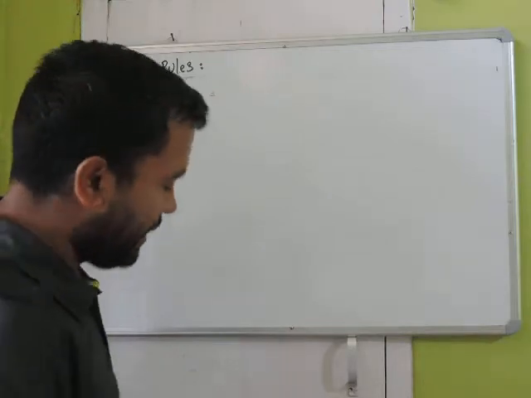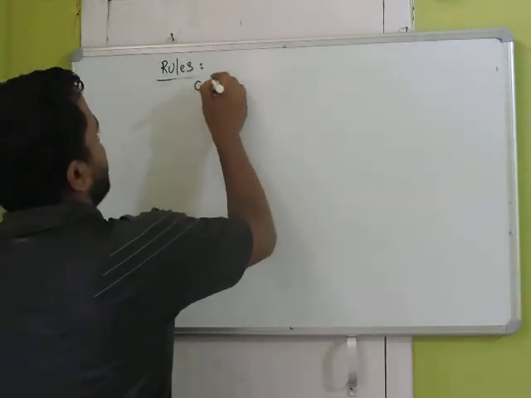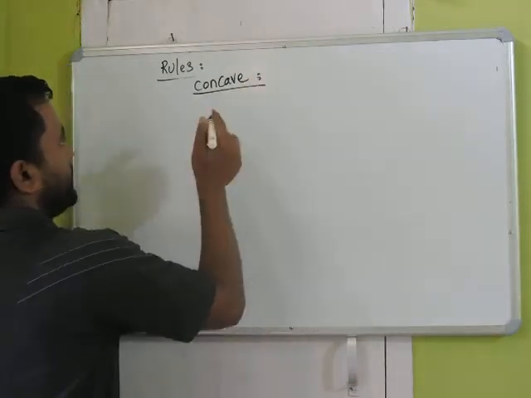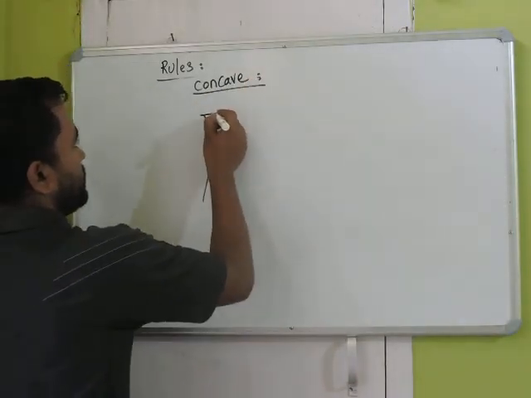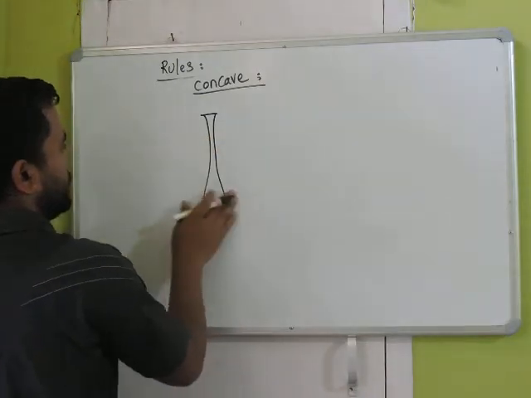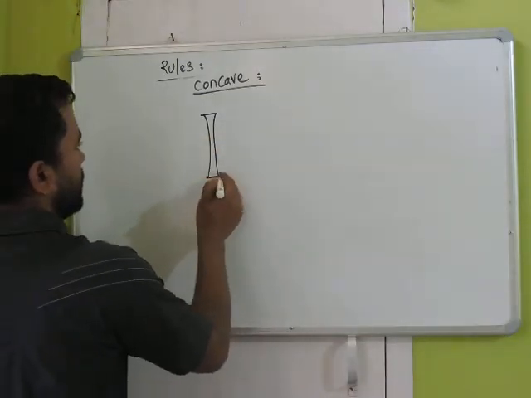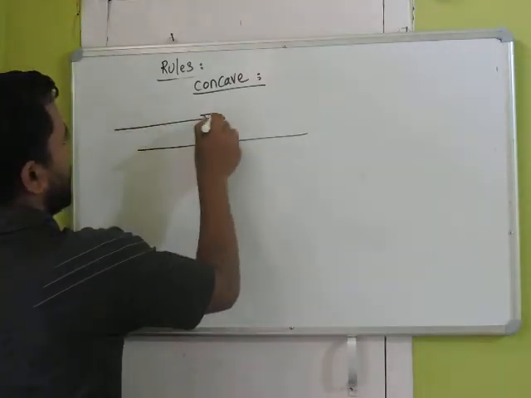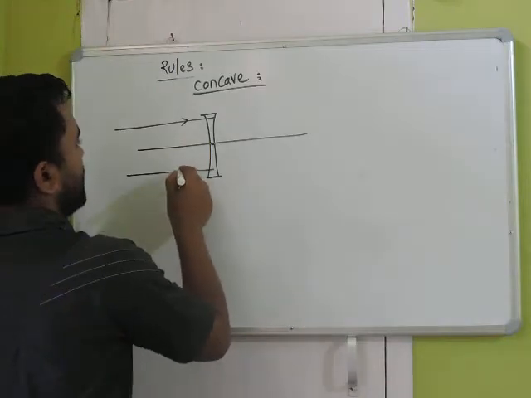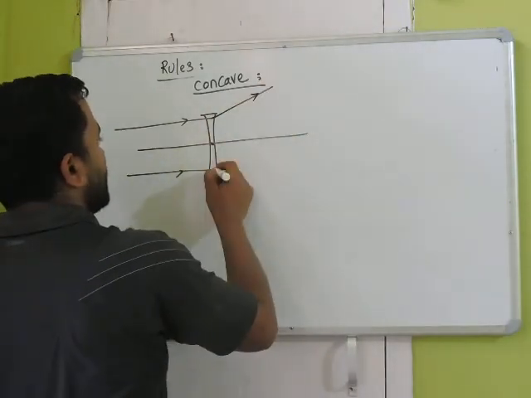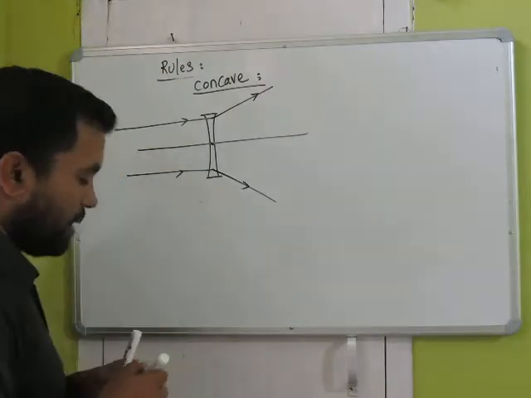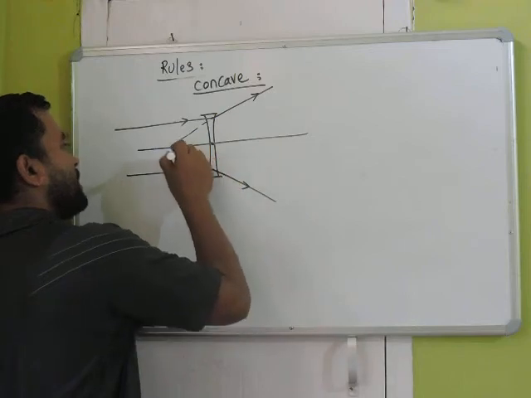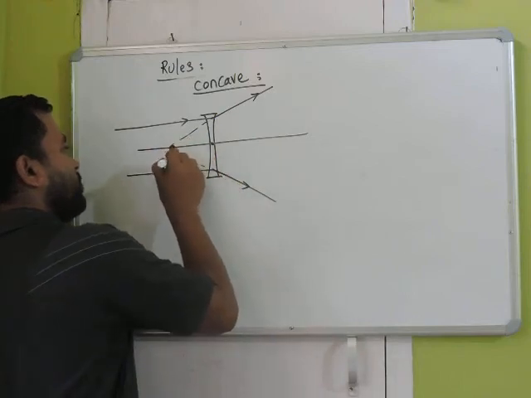Now moving on to concave. In case of concave lens, if the object is at infinity, I take two rays like this and they diverge, and if you go according to the rule, if you extend this and this, they will appear to meet here at focus.